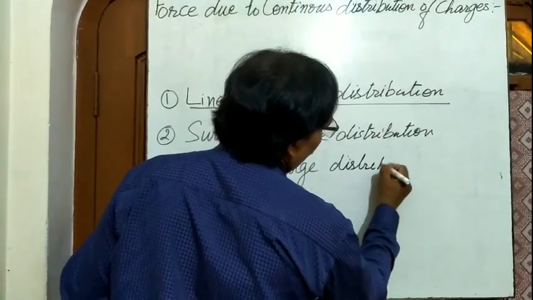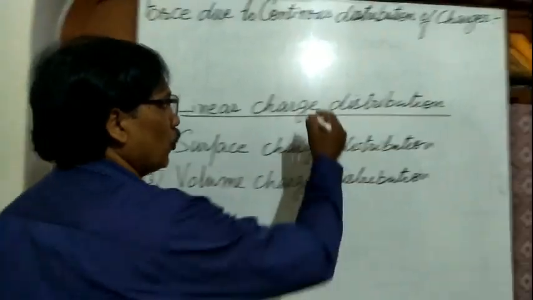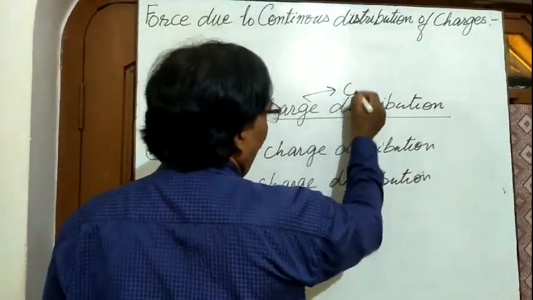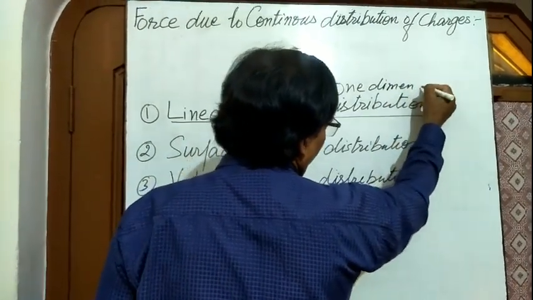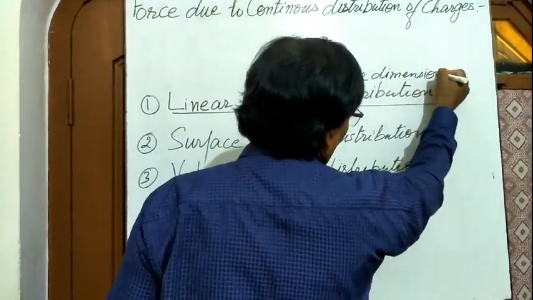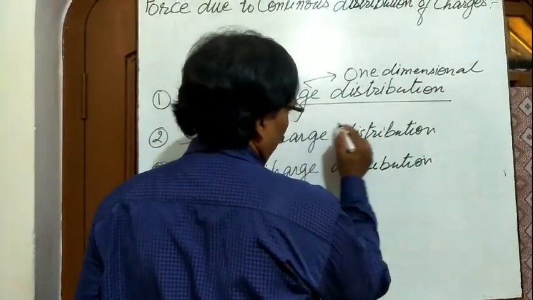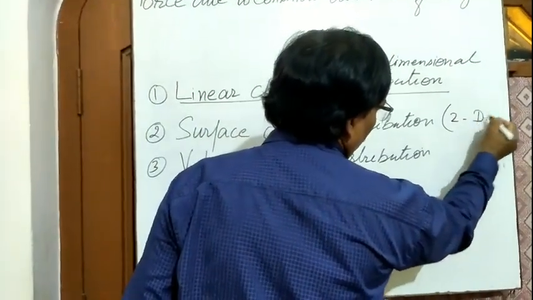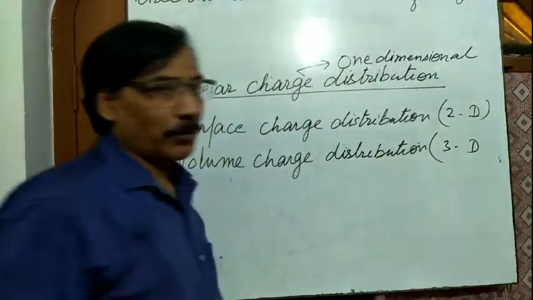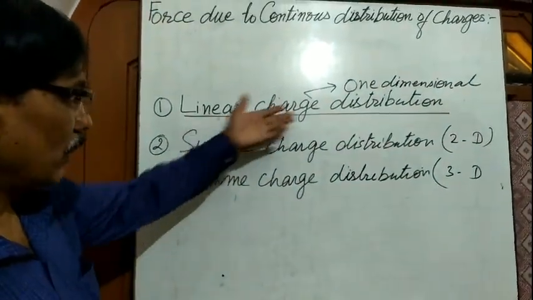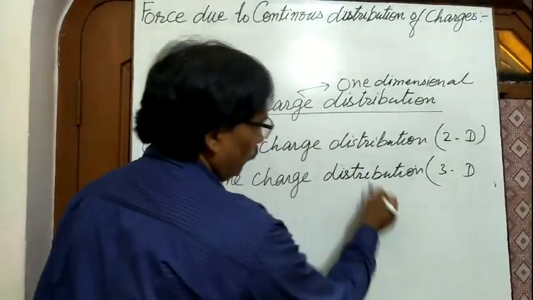This linear charge distribution is one dimensional. This one is two dimensional, the 2D distribution, and this one is three dimensional charge distribution. One dimensional, two dimensional, and three dimensional charge distribution.